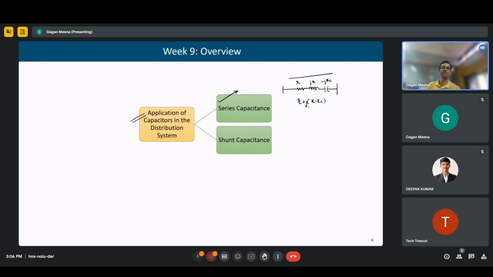So now what will happen to the impedance? Will it increase or decrease? Initially the impedance was R plus jX, and the new one with series capacitance, let me write it as Z series, is R plus j(XL minus XC).